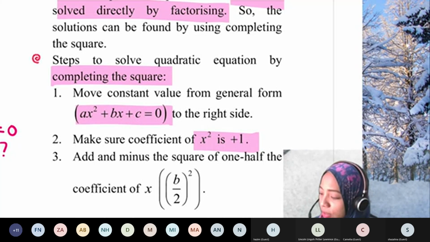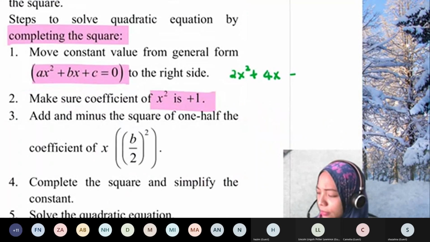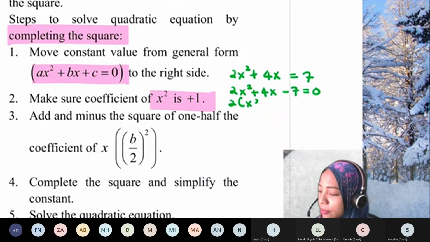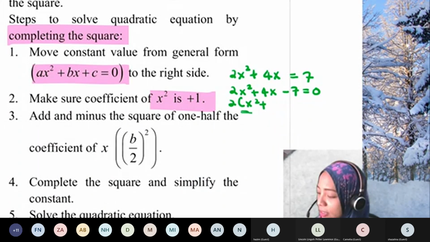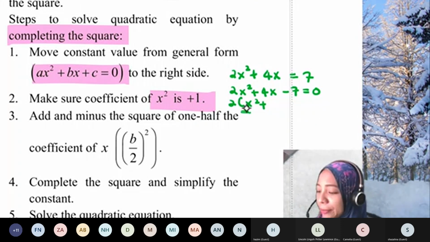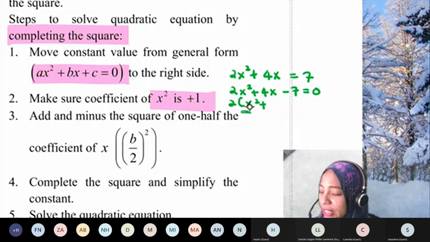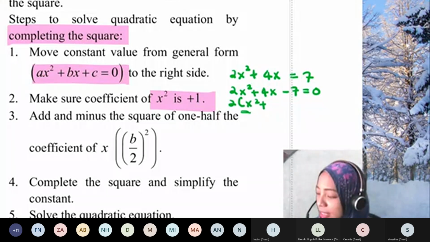So if you have, for example, 2x square plus 4x equal to 7. So first of all, you need to bring everything to the left. And then you have to factor out so that your coefficient of the x square ini mesti 1.